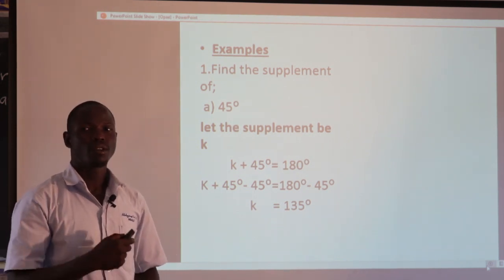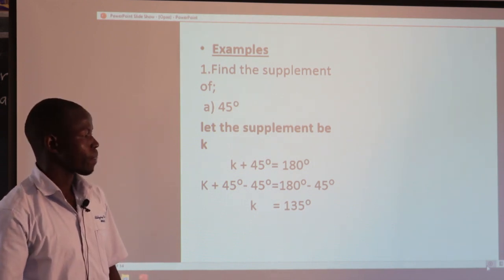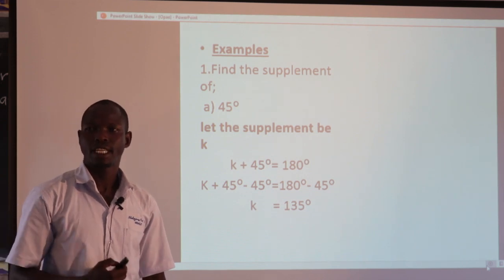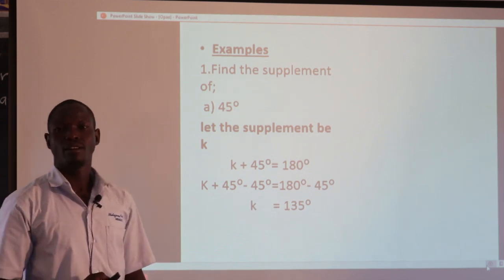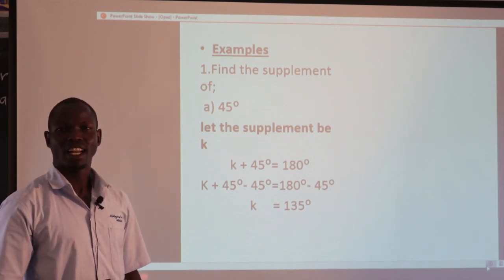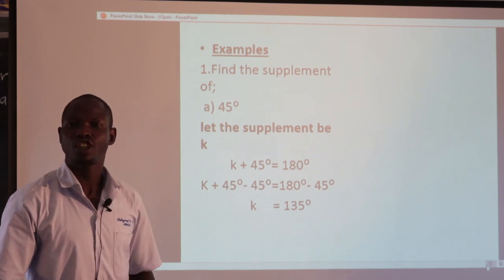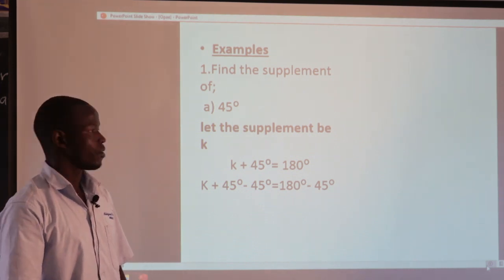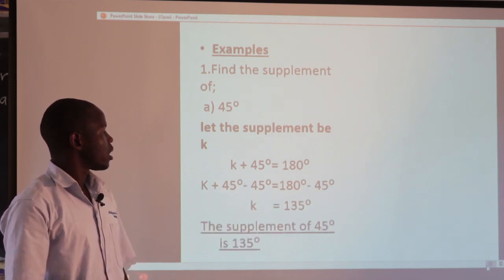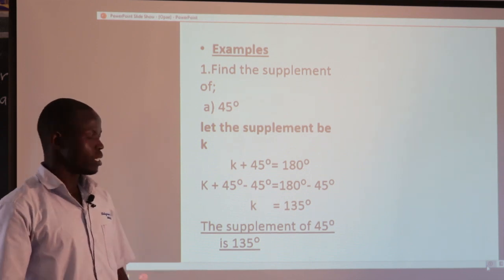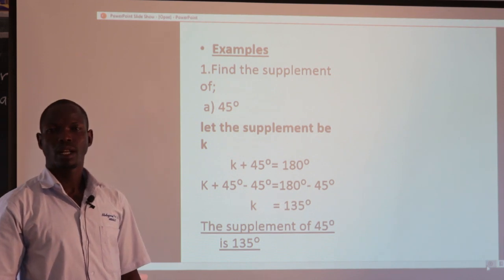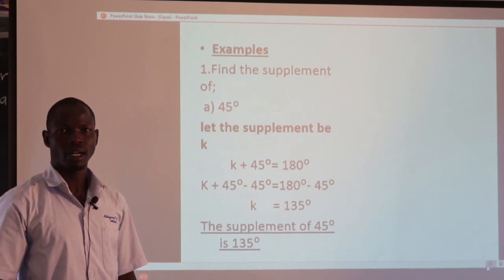Our answer, K, is equal to 135 degrees. So that is the first method on how to find the supplement of an actual angle like 45 degrees here. After getting the value of K, we conclude that the supplement of 45 degrees is 135 degrees, and that is our answer.